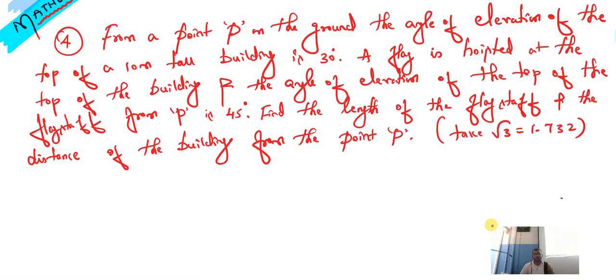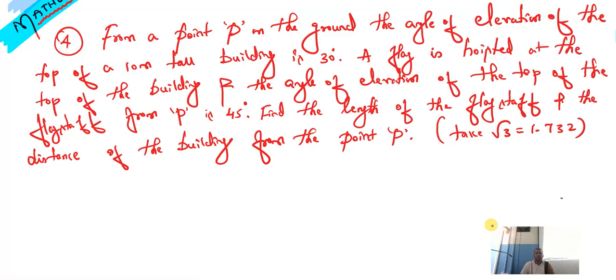Find the length of the flagstaff and the distance of the building from the point P. First we need to understand the given question and convert the same given statement into a figure, that is a diagram. Once we make the figure using this statement, it will be easy for us to solve the problem. As this problem is one of the most important questions from your examination point of view, it may carry around 4 marks.